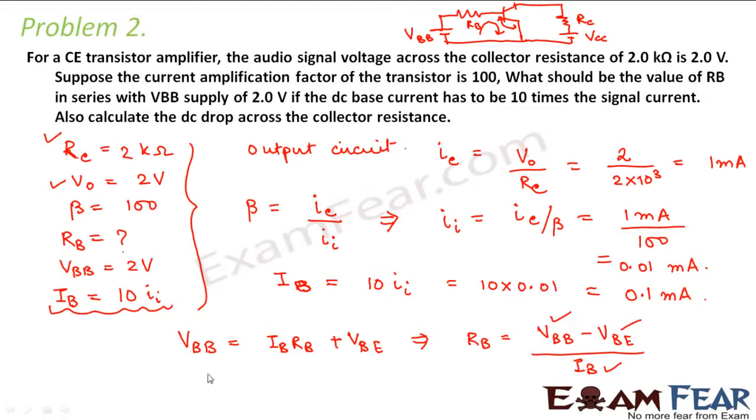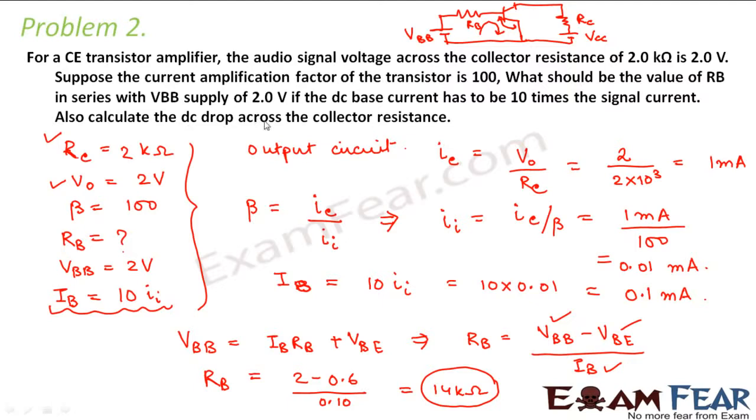So you can put these values and calculate the value of RB as 2 minus 0.6 divided by 0.1 milliamperes. So this comes out to be 14 kilo ohms. So this is the value of the base resistance.